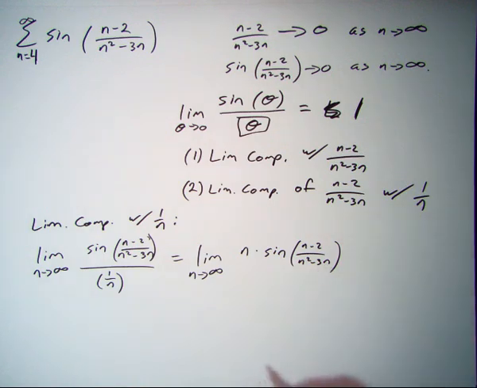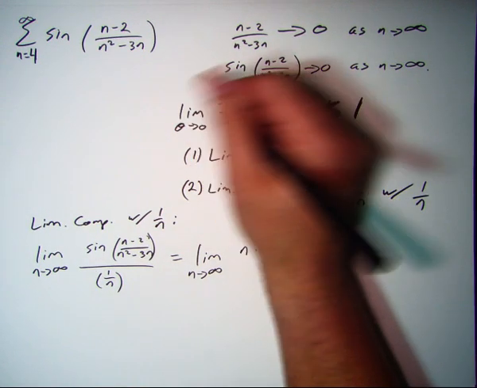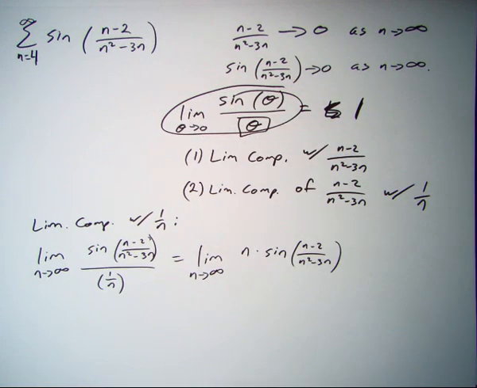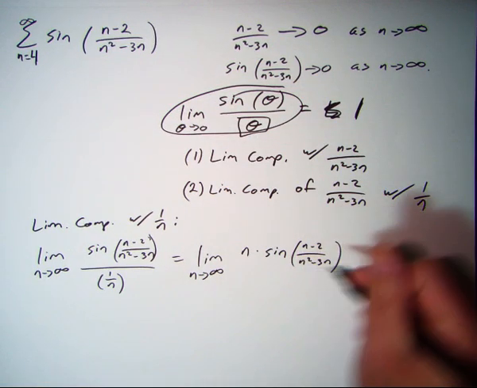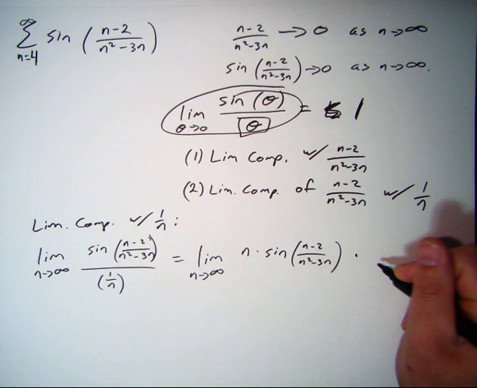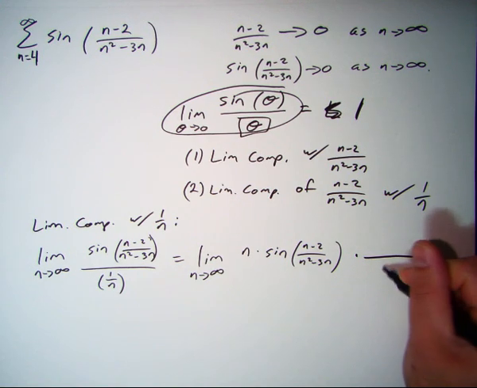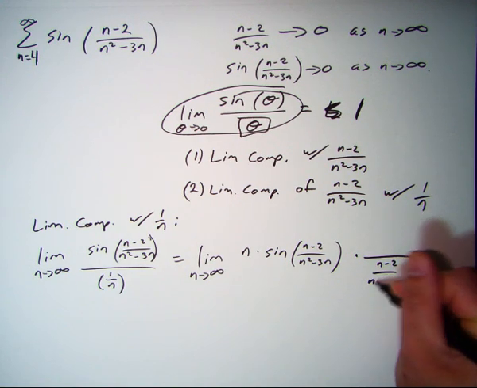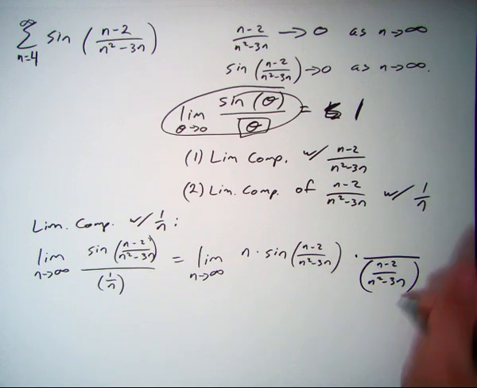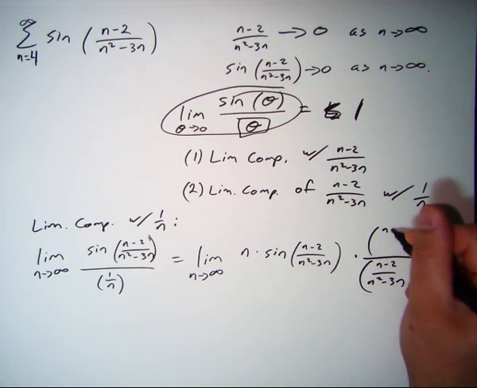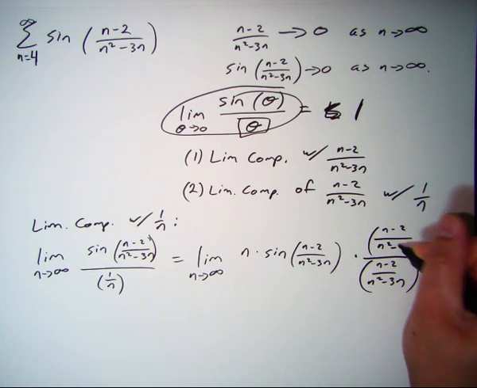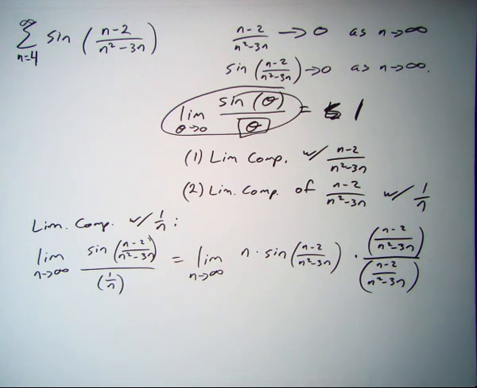The only thing that I can do is to use sine theta over theta. So I need to take this thing over here and divide it by theta. But if I'm dividing by theta, I better also multiply by theta. Otherwise, it's not going to work out. This way I've multiplied by 1. I have not changed the value of the element itself.